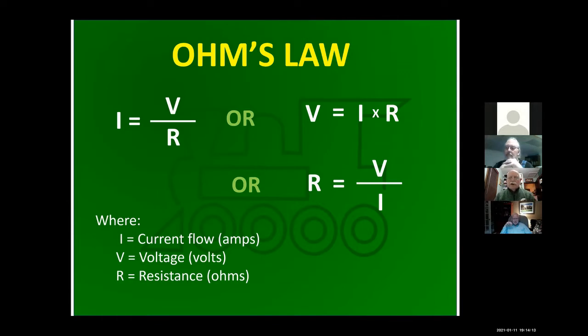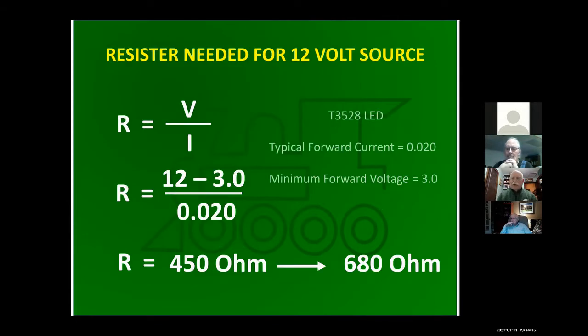So we're going to look at that 3528 LED. The typical forward current is 0.02 amps, and the minimum forward voltage is 3 volts. In my case, I use a 12 volt source. So how do we make sure the right amount of current flows through that?